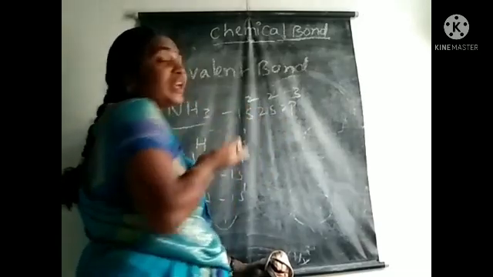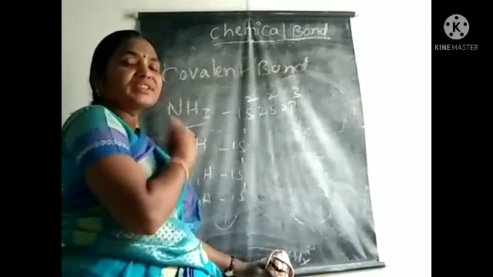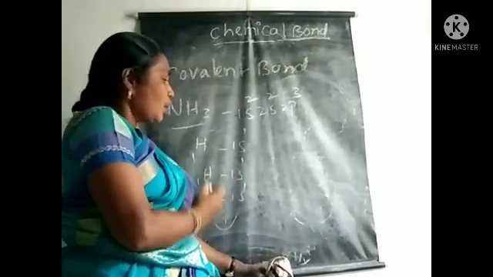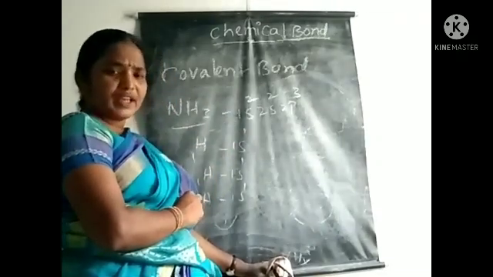Here, sharing of electrons takes place, not transfer. That's why a bond is formed. This bond formation is a covalent bond. This is an example of a covalent bond.